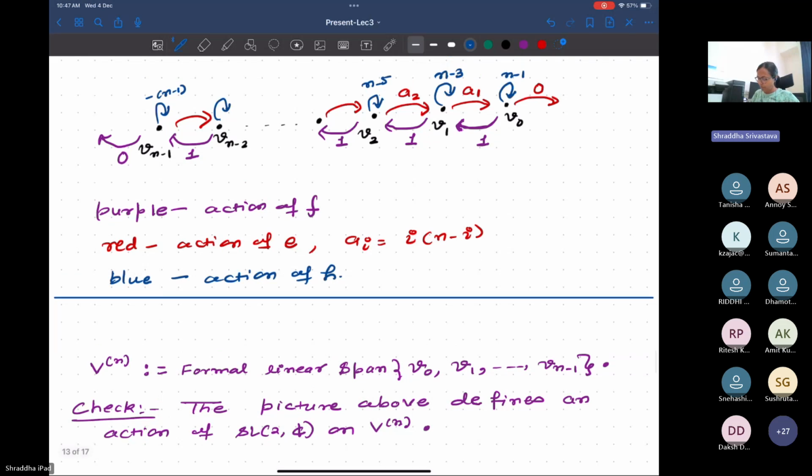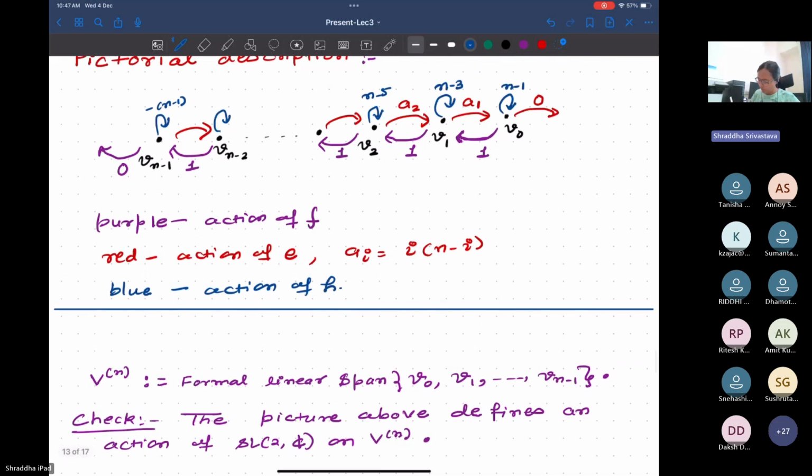So formally you start with the vectors V0, V1, up to Vn minus 1, and let E, F, and H act according to the picture. You define a formal vector space Vn by taking formal linear combinations of the vectors, with the action according to the picture.